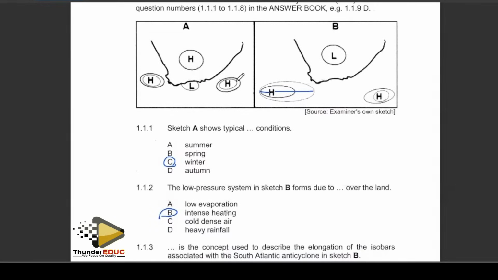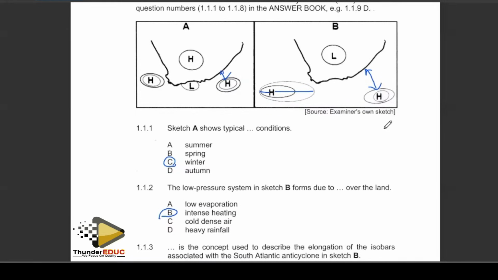Right, if you check in sketch A here, the South Indian is just close to land here. It's just very near to the interior. But if you check in sketch B, it's further away from the interior. So we are saying in sketch B, the South Indian is able to feed in more moisture on the eastern coast as compared to how it feeds when it's on that position as in sketch A.